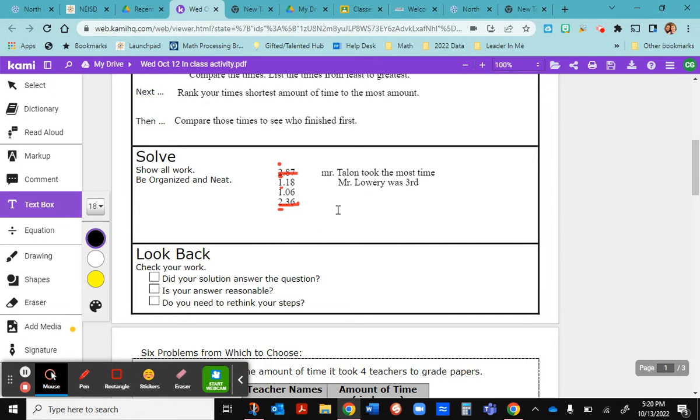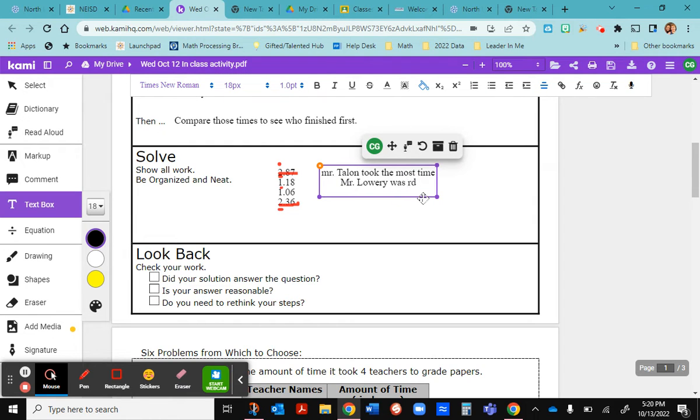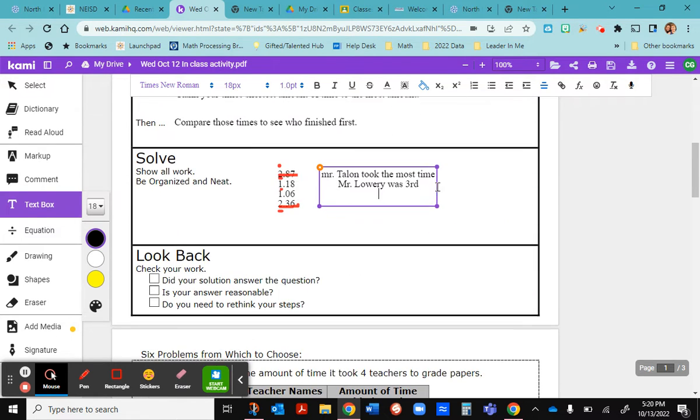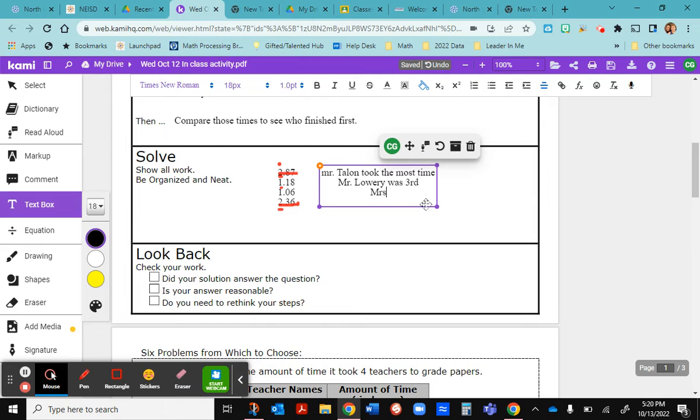So who was in third place? Oops, you see my error? I meant to put second. Good. If you did it, fantastic. You know I'd eventually see that one. No, you're right. Because he's third, we're counting down. Fourth, third, and now who's in second? Good catch. Yes. The one that was 1 and 18, so it's Mrs. Moore. She came in second.